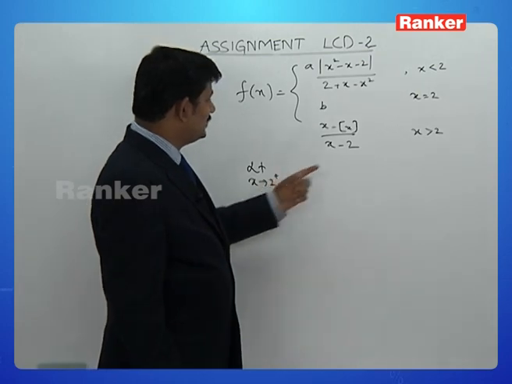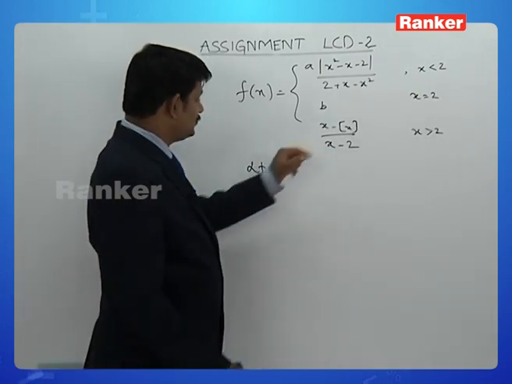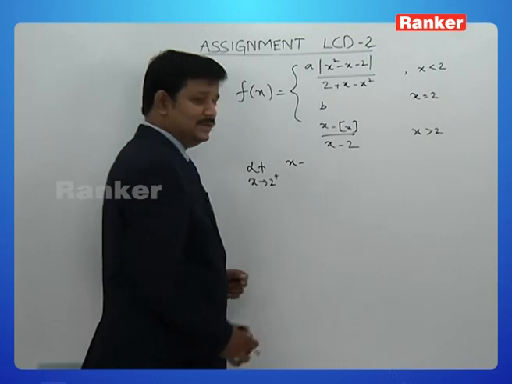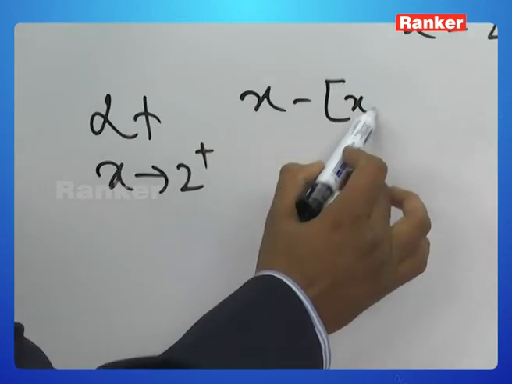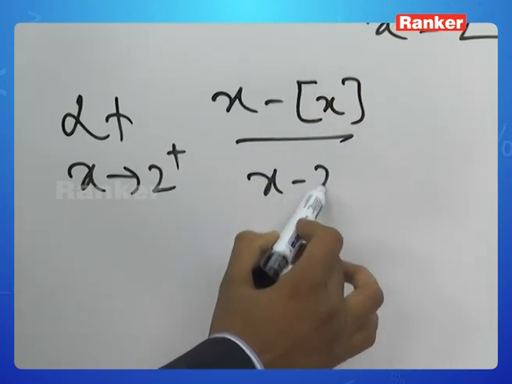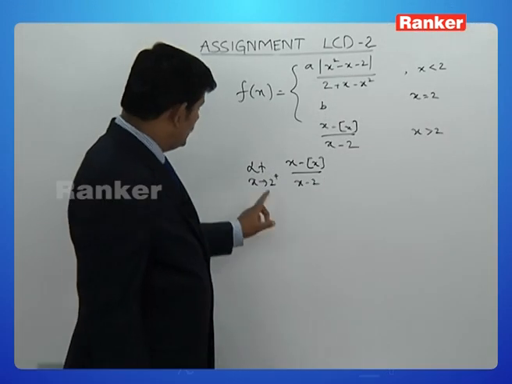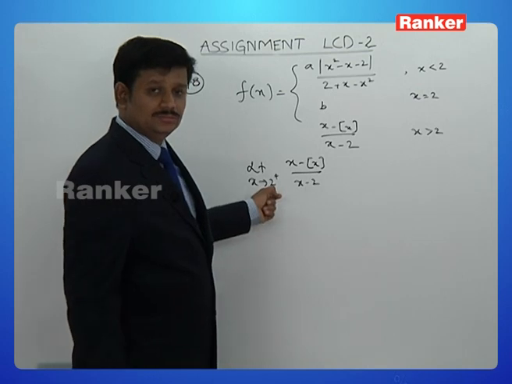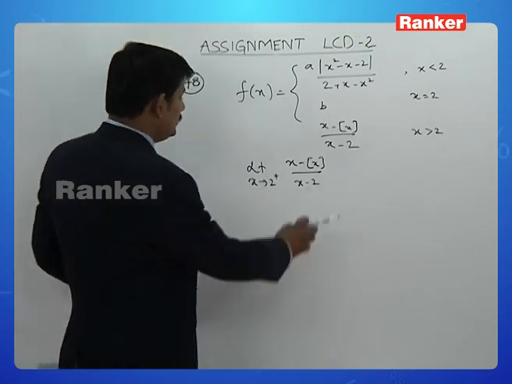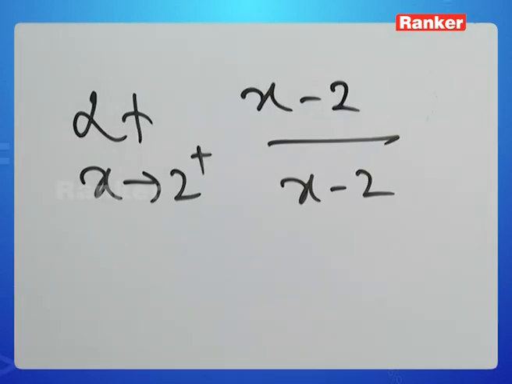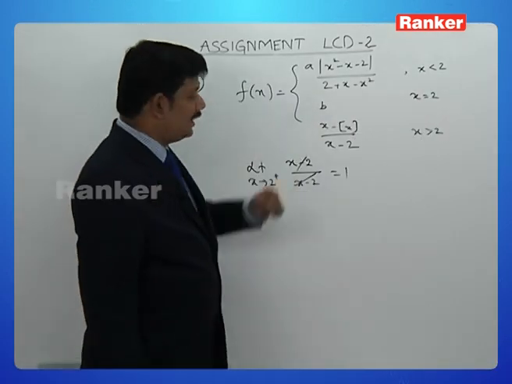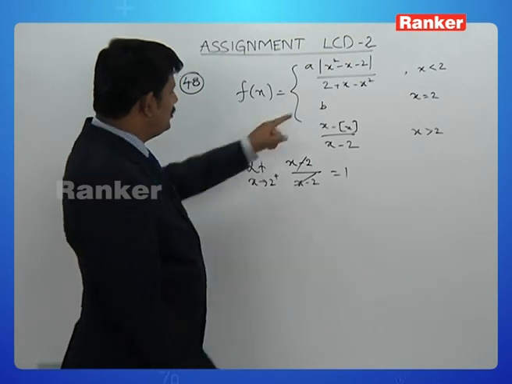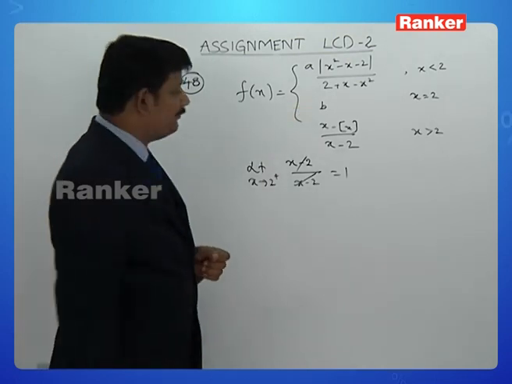Whenever x is slightly greater than 2, f of x is given by (x minus integral part of x) divided by (x minus 2). Here x is slightly greater than 2, so the integral part of x would be 2. So this limit is 1. The right hand limit is 1, so the value of b, f of 2, should also be 1.